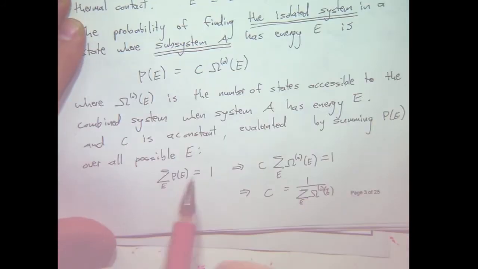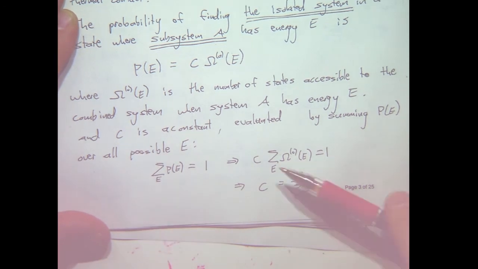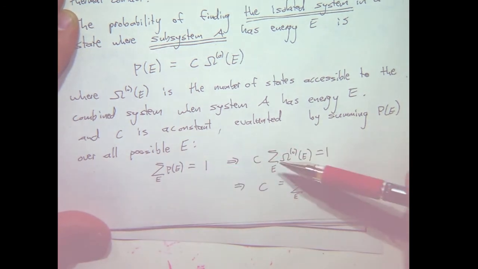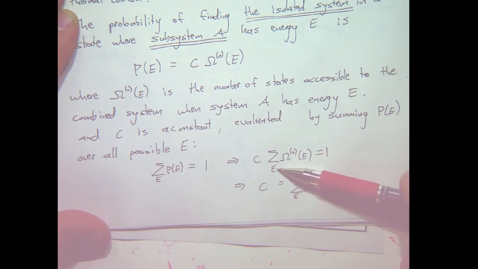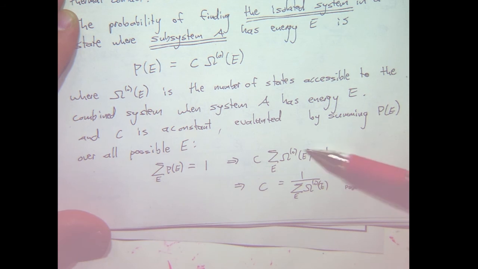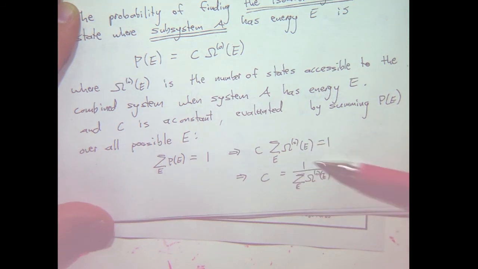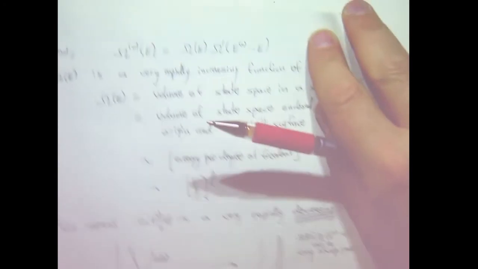Now, since the sum of the probabilities has to equal 1, that means that this constant times the sum over all the energies of this omega, the number of accessible states at energy E, has to equal 1. So the constant is 1 over the sum of all the accessible states over all the energies.